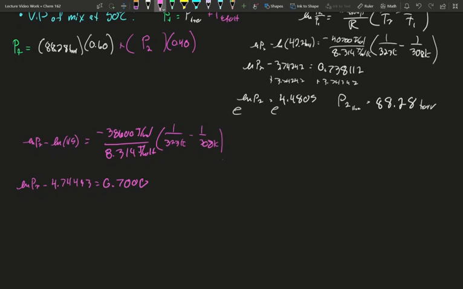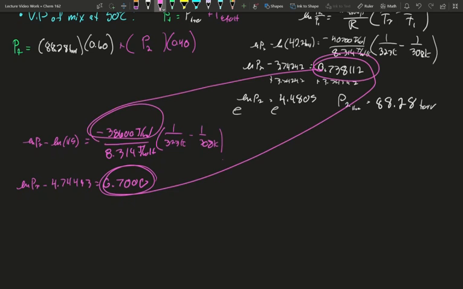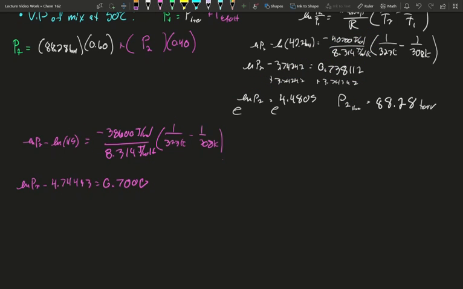0.7000. You notice this is a little bit smaller than it was for the water, while our delta H was a little bit smaller. All the other values were the same, so far this seems in line. We would expect the right side to be a little smaller this time for ethanol. We're going to add the 4.74493 to both sides.